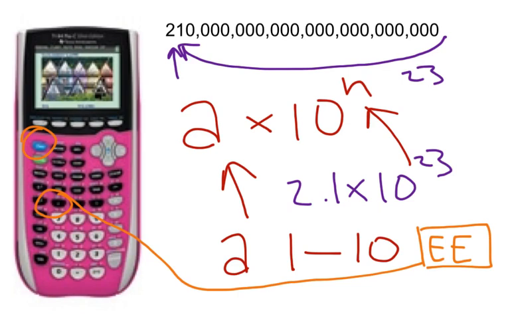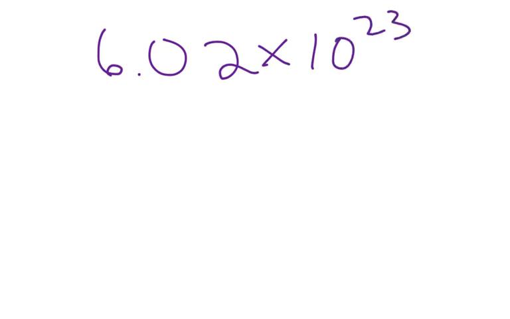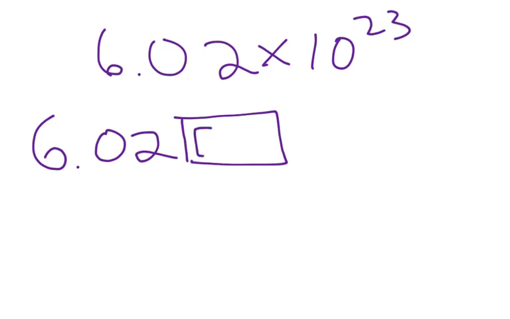What that EE button stands for is the times 10 in our general notation here. So the way we would enter the number 6.02 times 10 to the 23rd, we would type in the number 6.02, and then we would hit that EE button and then type in the number 23.